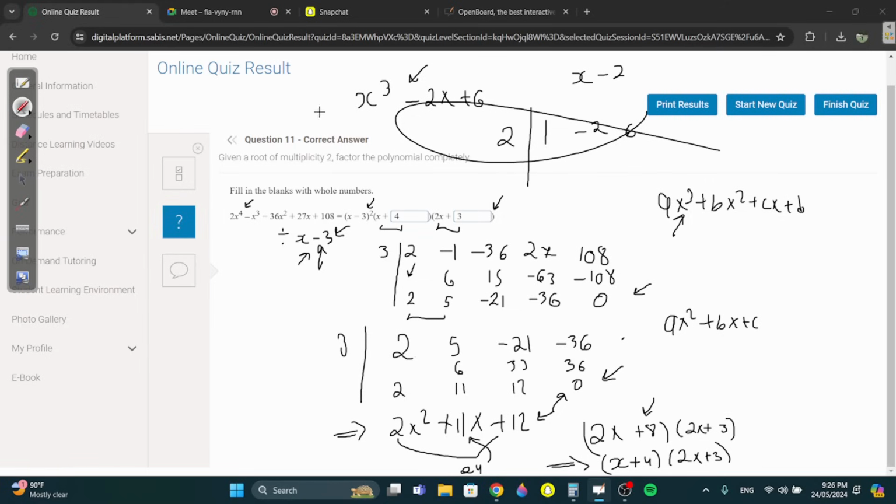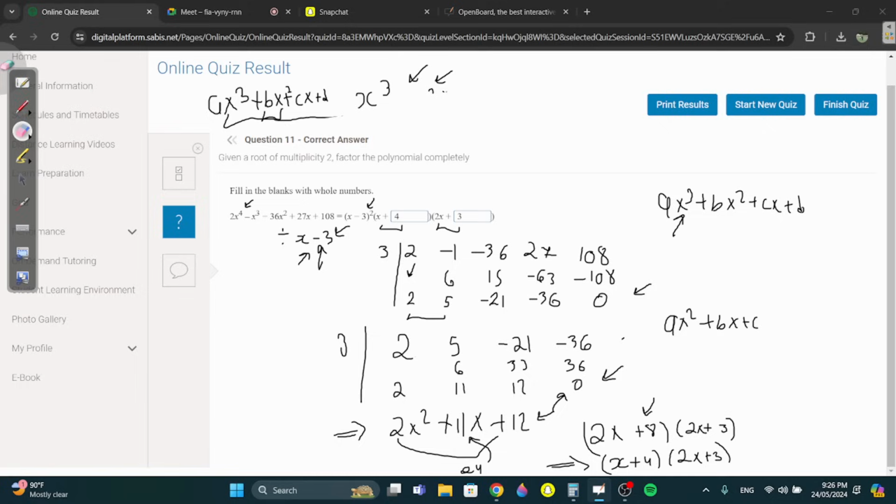It's a cubic, meaning ax cubed plus bx squared plus cx plus d. We don't have squared, so you put 0. Since it's cubic, you should have 4 different coefficients.